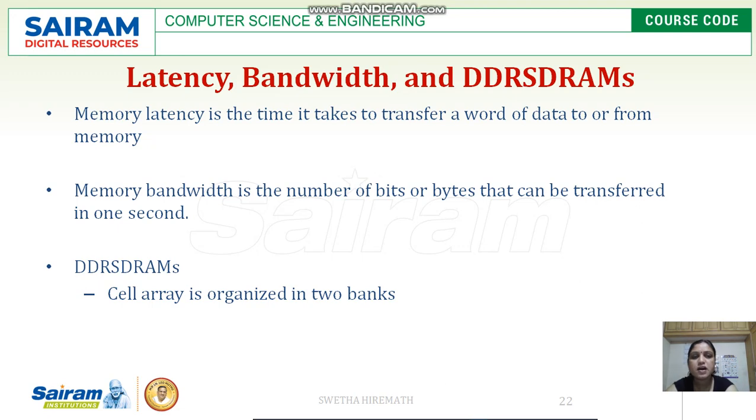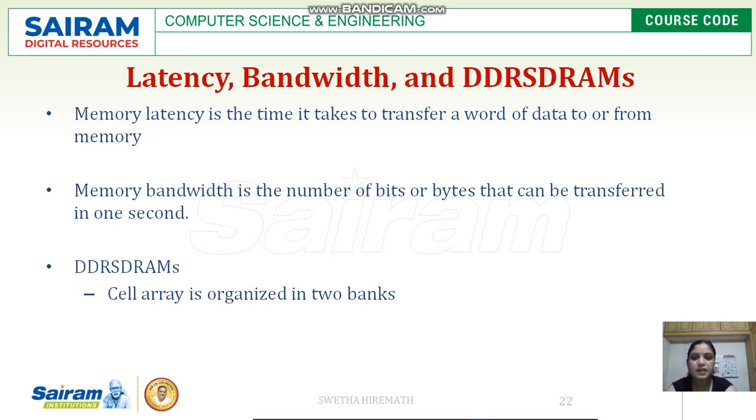So what is the time taken to perform a read operation or write operation, transferring the amount of data between the two units, that is the memory and the processor? That is called the memory latency.